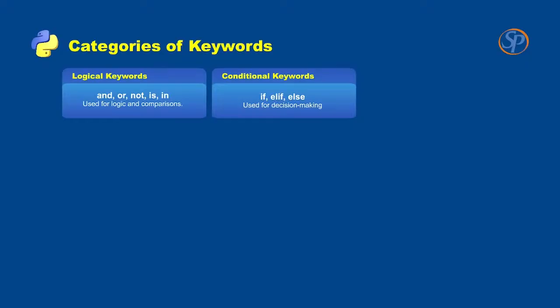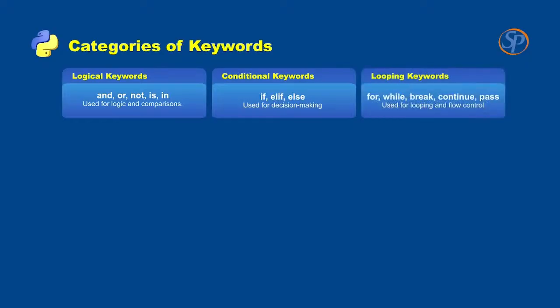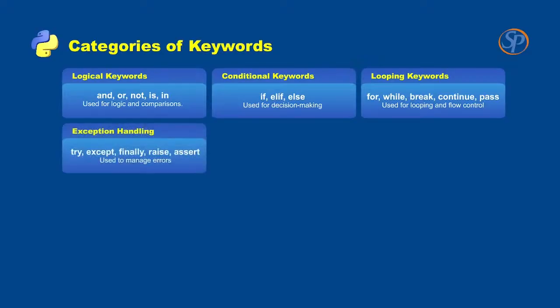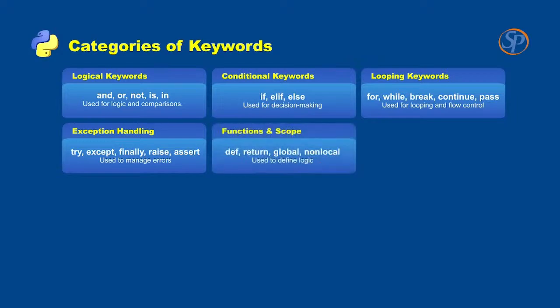These are used for decision making. Looping keywords: for, while, break, continue, pass. These are used for looping and flow control. Exception handling: try, except, finally, raise, assert. These are used to manage your errors.